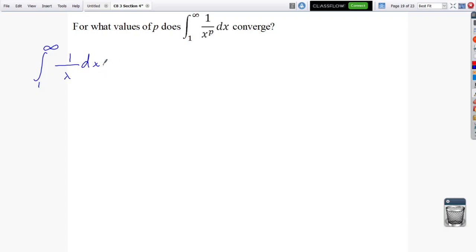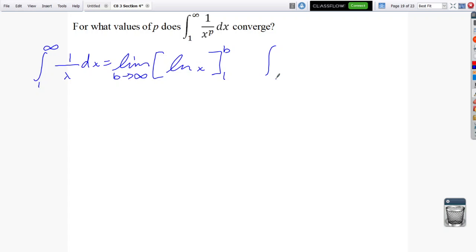Because when I look at that, let's just take the limit and integrate at the same time. Limit as b approaches infinity. The integral of 1 over x is ln of x, so from 1 to b, I'm going to have ln of infinity. And that's going to work for any p that is smaller than 1.